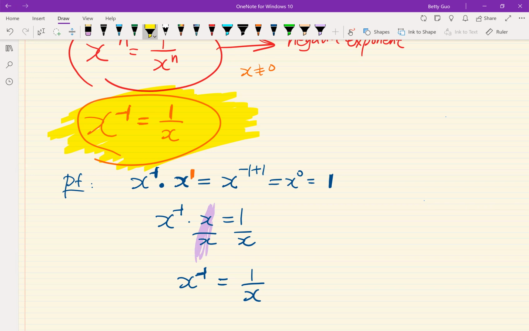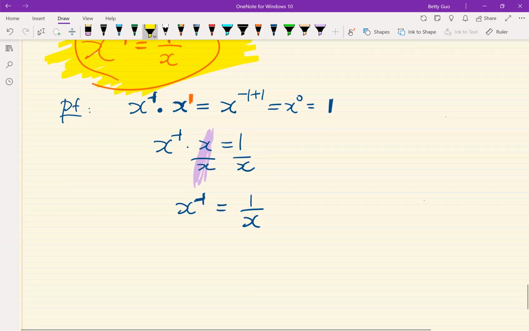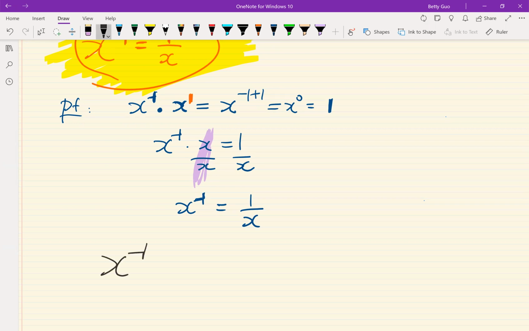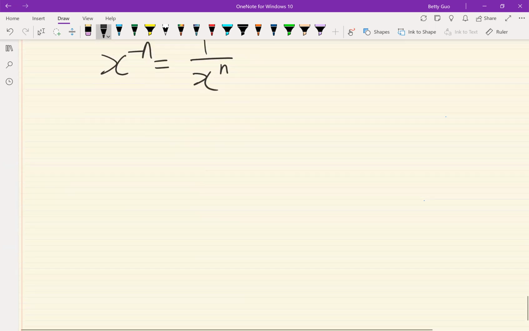And we're going to use that formula to prove the negative exponent formula on the board. Let me show you how. So we are going to prove x to the power of -n equals 1 over x to the power of n. Here, x is non-zero.